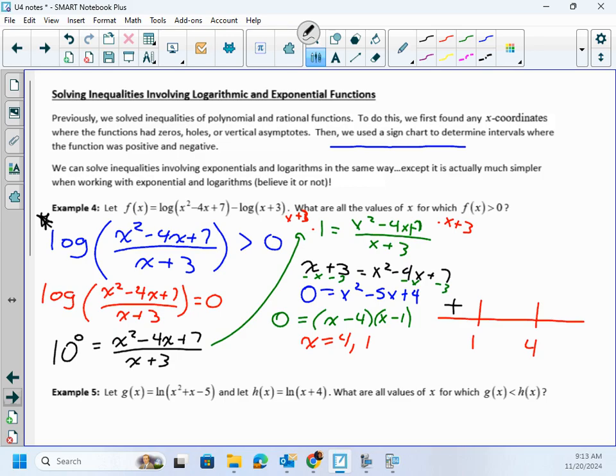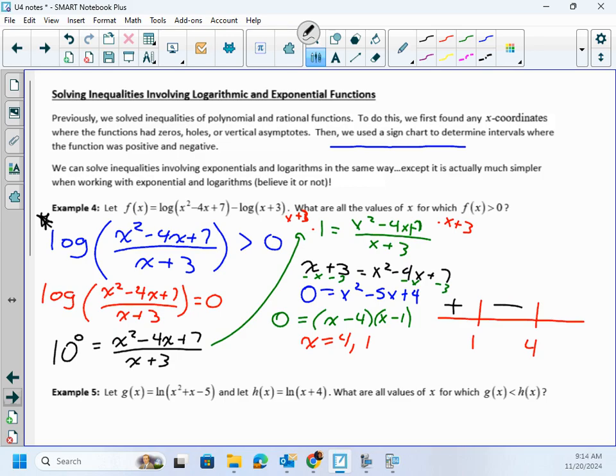Let's choose, oh, I don't know, 2. If I do 2, so 2 squared is 4, that's 11, and minus 8, and this is going to be 5, and that is going to be negative, because 11 minus 8 is 4, and 4 over 5 is smaller than 1, so this is going to be negative.